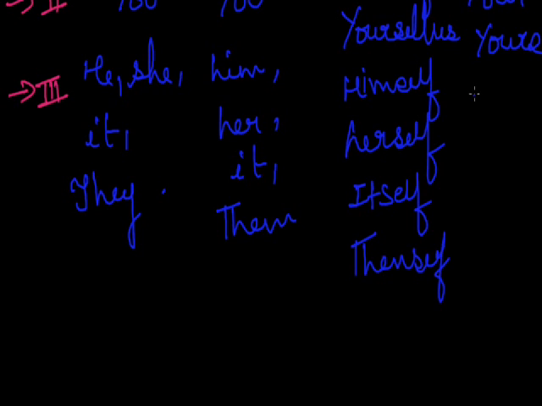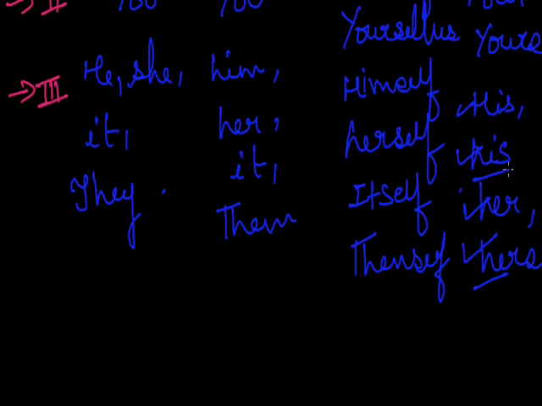In possessive third person, we have his, her, hers. Now, if I have written his, it is for her, his, and her. So you can use hers, but you cannot use hiss. Then it is their and theirs.